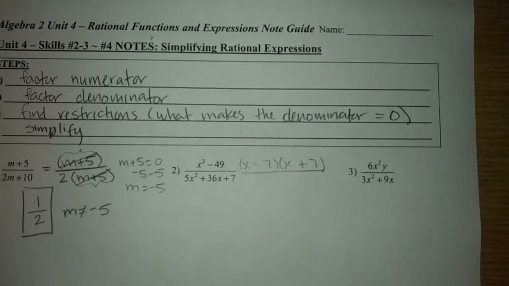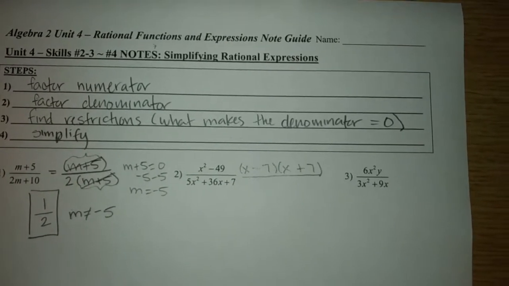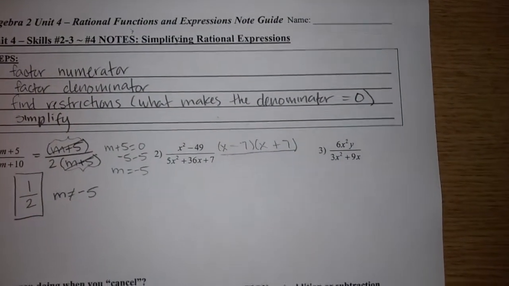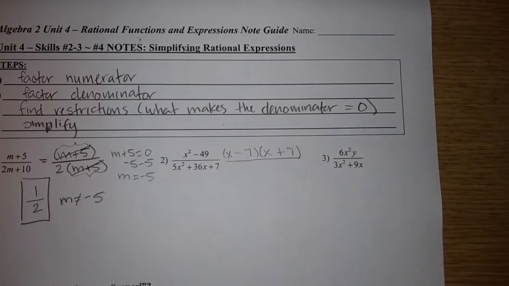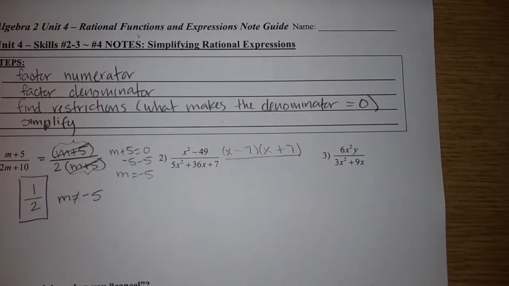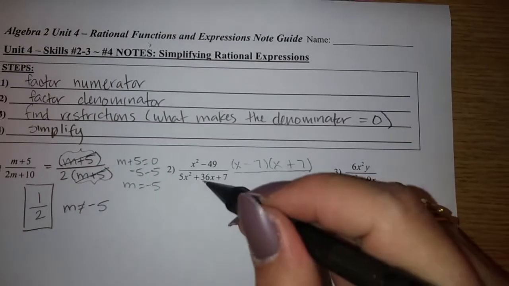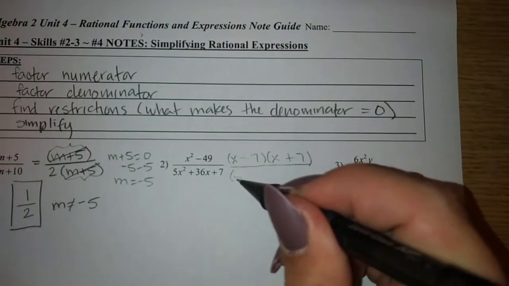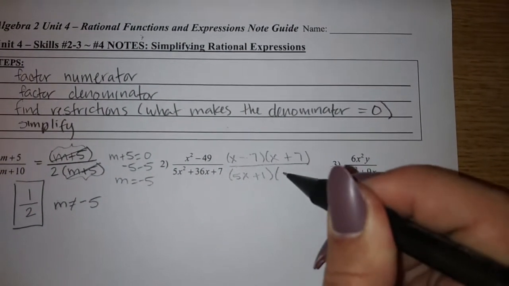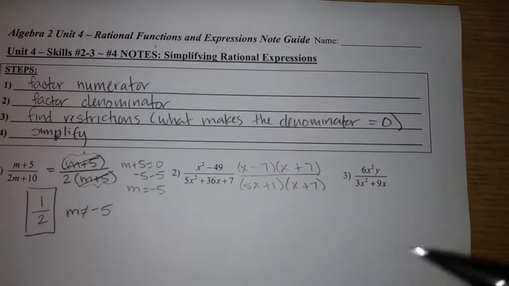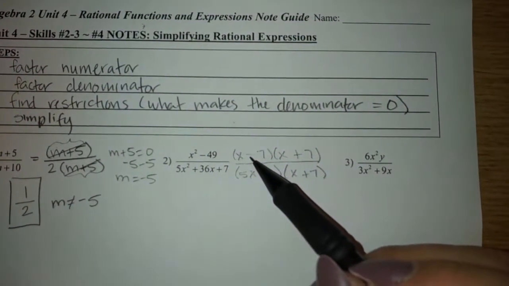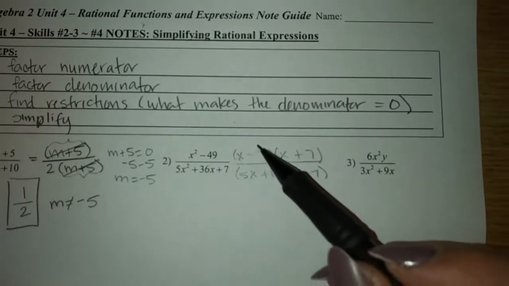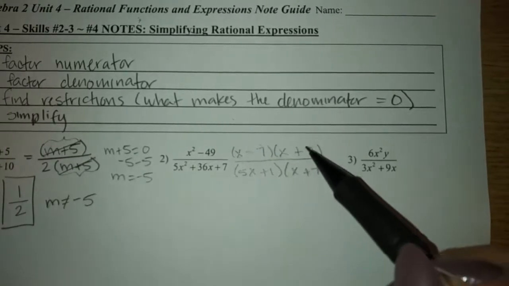I'm not going to go over how to factor because by this time you guys have been factoring since Unit 2. If you need a refresher, please ask the sub or refer back to your Unit 2A and 2B notes. So when we do factor 5x squared plus 36x plus 7, we should get 5x plus 1 and x plus 7. So again, we can only eliminate expressions at a time. We cannot just take out the x or just the 5x or just the 1 because here we are subtracting and in these we're adding.